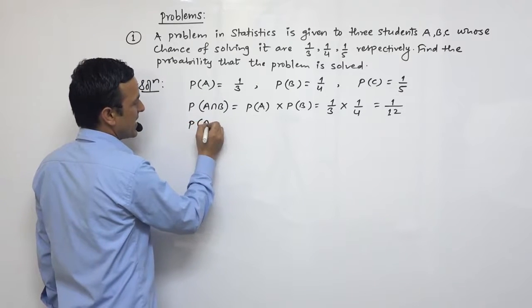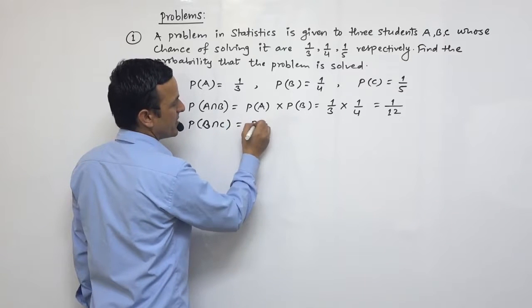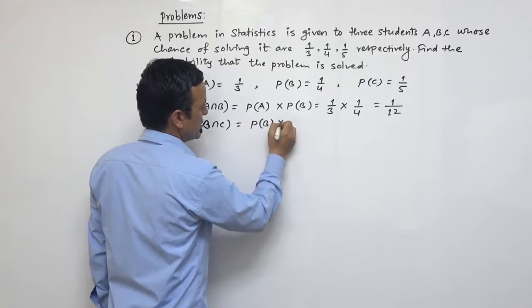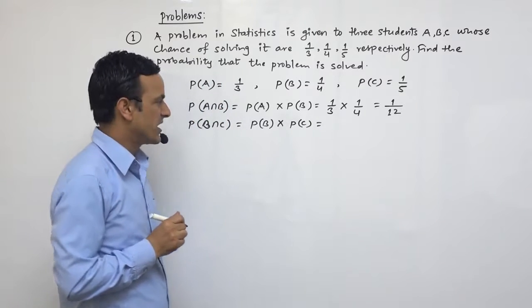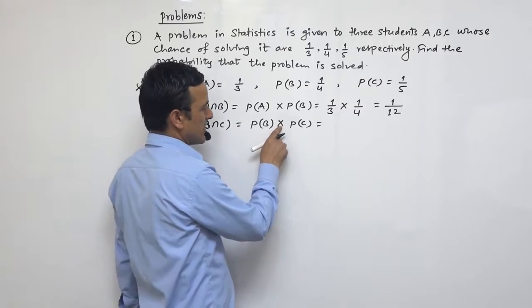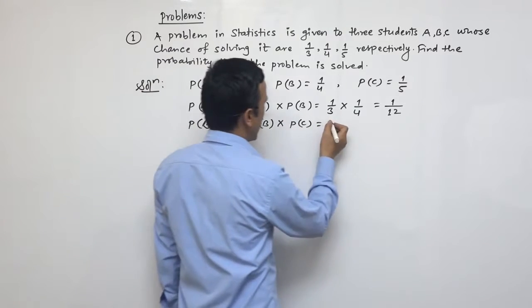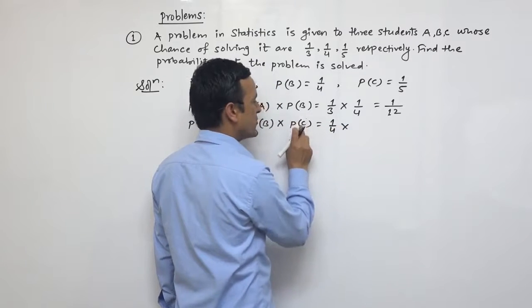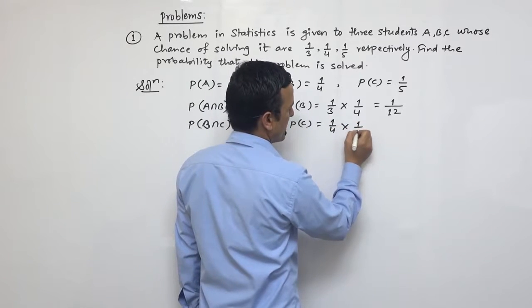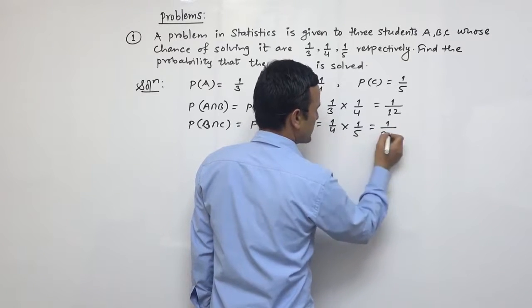Similarly, we can find B intersection C, and the formula is P(B) into P(C) according to the multiplication theorem. We multiply for the intersection, and the value of P(B) is 1/4 and the value of P(C) is 1/5. So in total we have 1/20, since 4 5s are 20.